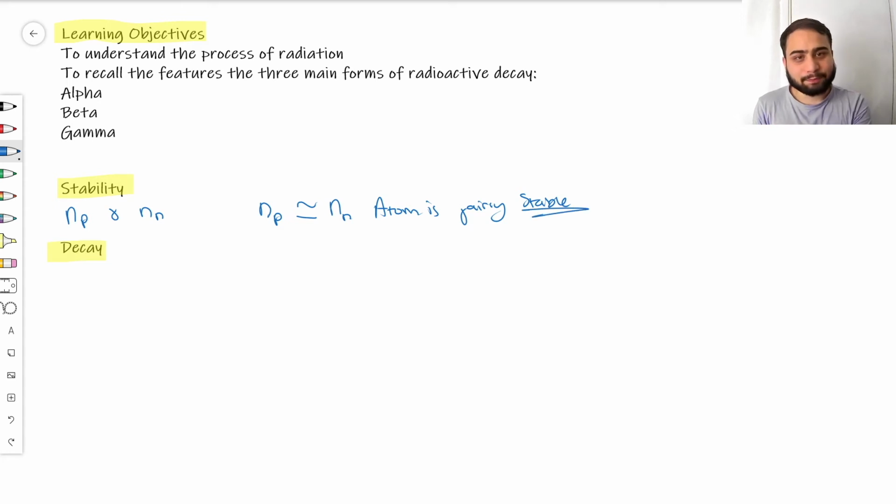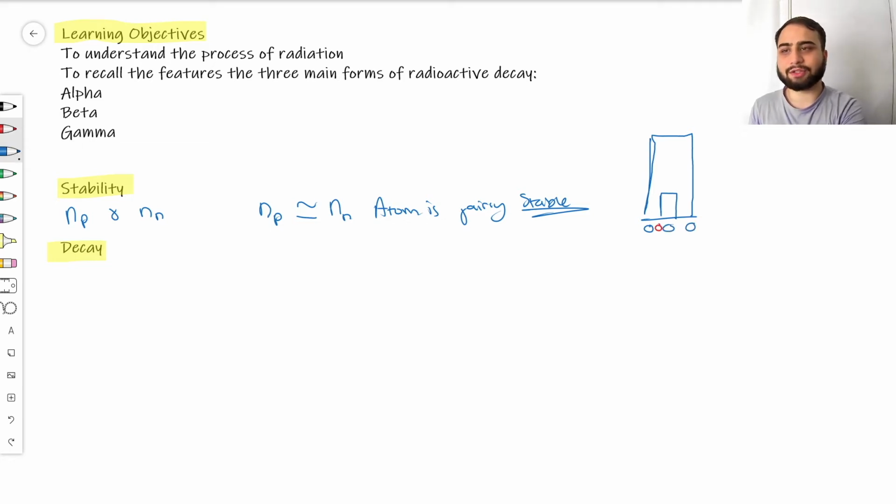It's stable. Okay, but when you start getting more protons than there are neutrons, you start to get pockets of extra charge. You can think of this a bit like a tower. Our tower is stable on equal numbers of protons and neutrons.